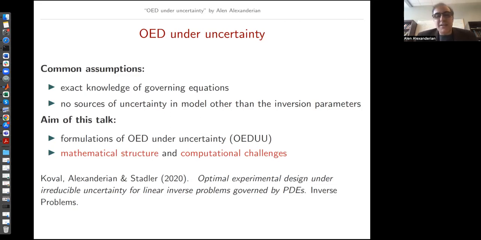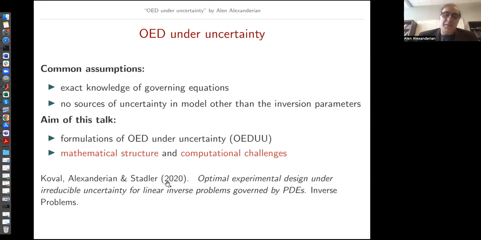But in some other cases, if the additional sources of uncertainty are significant, then that has to be taken into account. So what I want us to talk about is a formulation of OED under uncertainty, and we will, of course, look at specific cases. It's in general a very difficult problem.